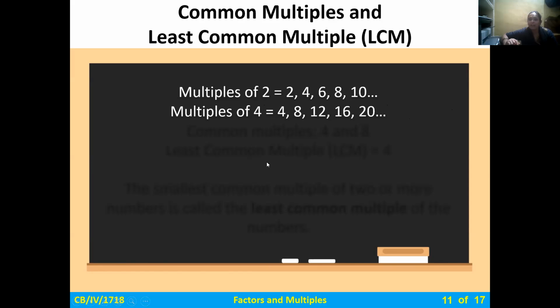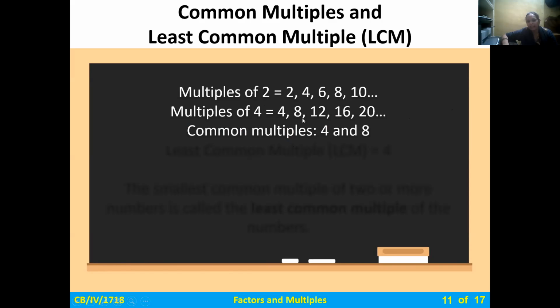So now if I ask you to find at least 2 or 3 or 4 common multiples between 2 and 4. The common multiples are 4. Now see, 4 is here also and 4 is here also.